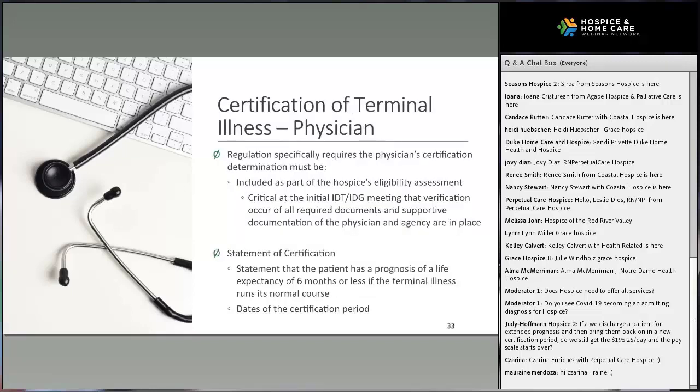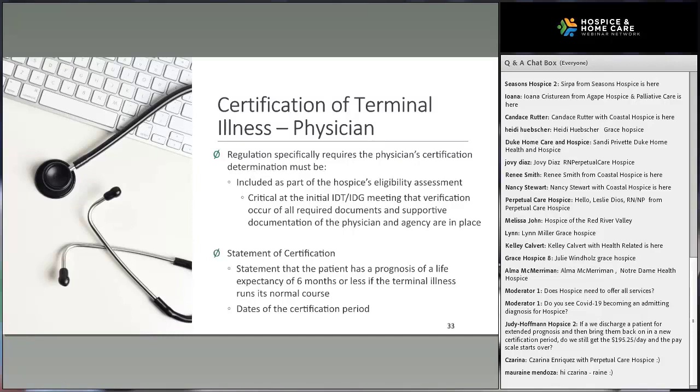But also, regulation specifically requires the physician certification determination must be included as part of the hospice's eligibility assessment. Critical at the initial IDG meeting that verification occur of all required documents and supportive documentation of the physician and agency are in place.